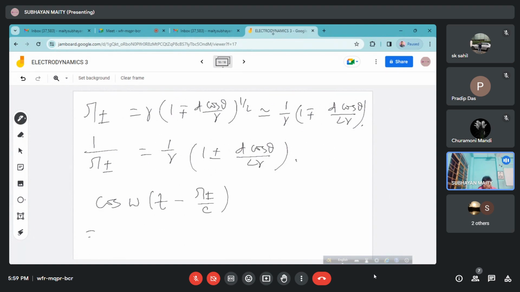So it will be equal to cos omega (t minus r by c) times (1 minus plus d cos theta by 2r). Sorry, this one was not 1 by r, this should be r. Okay.